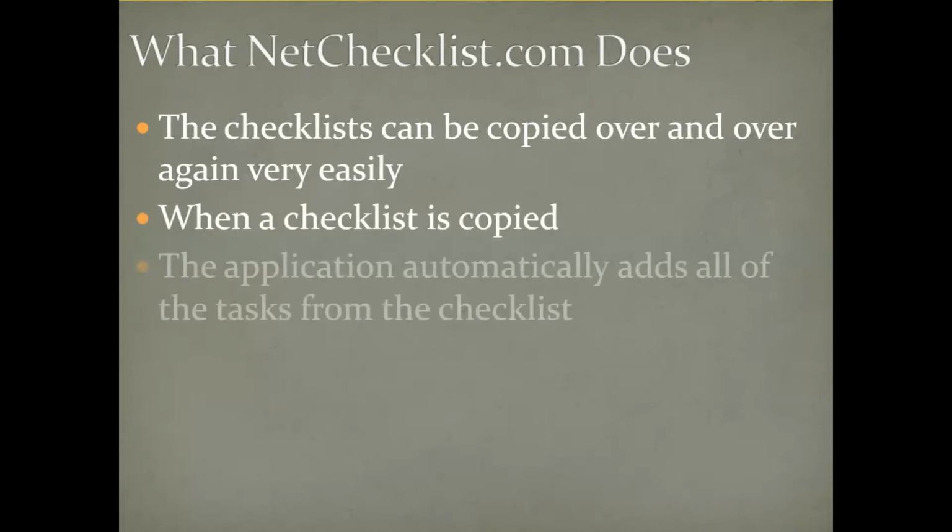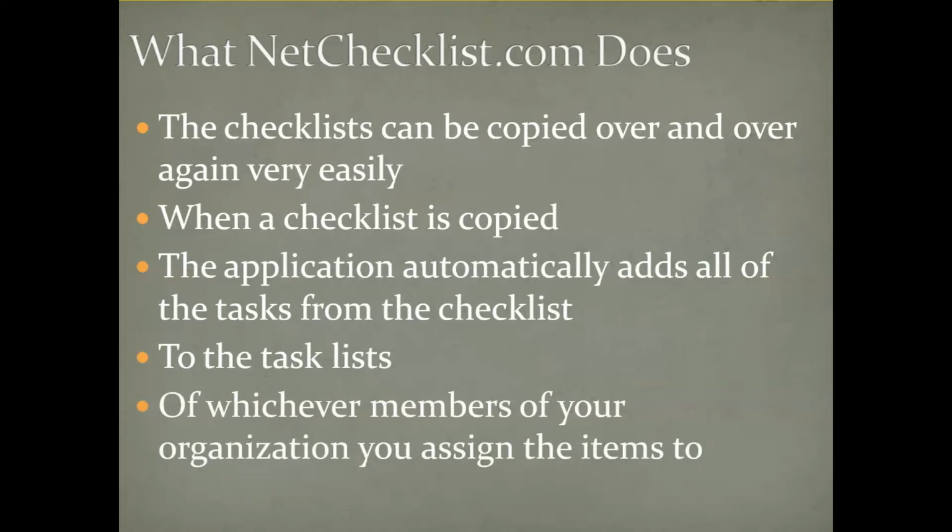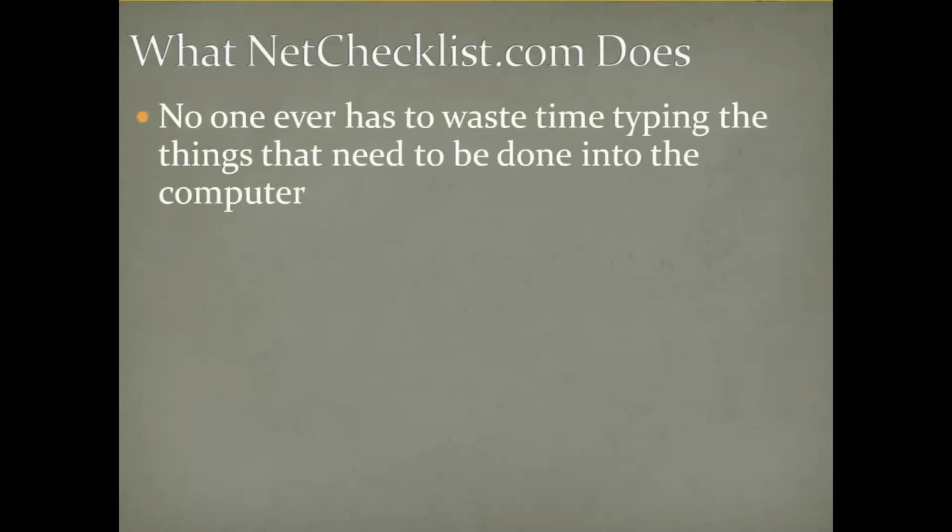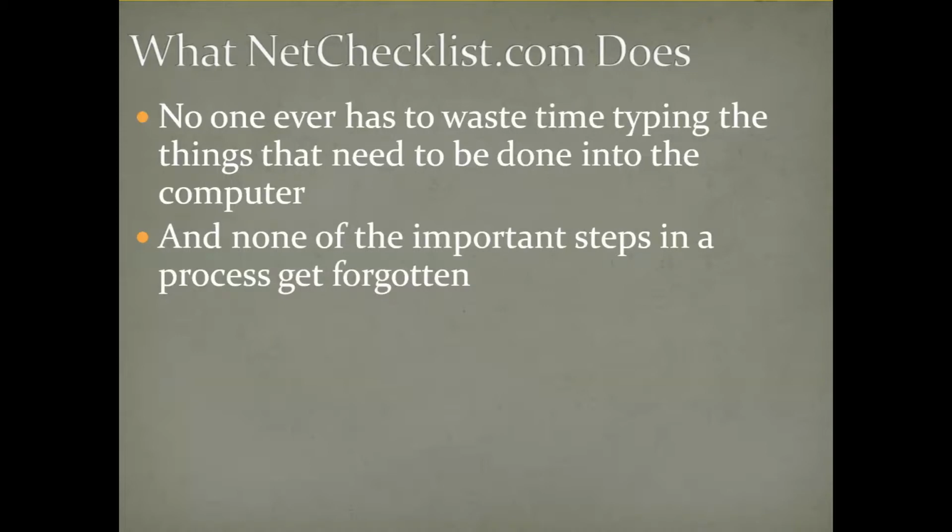And when a checklist is copied, the application automatically adds all of the tasks from the checklist to the task lists of whichever members of your organization you assign the items to. So no one ever has to waste time typing the things that need to be done into the computer, and none of the important steps in a process get forgotten.